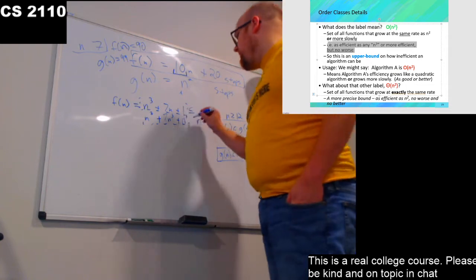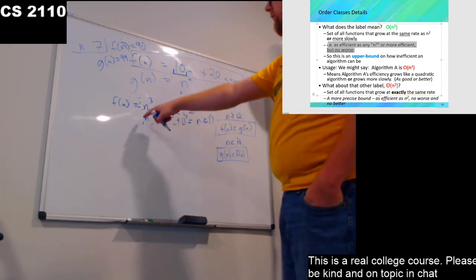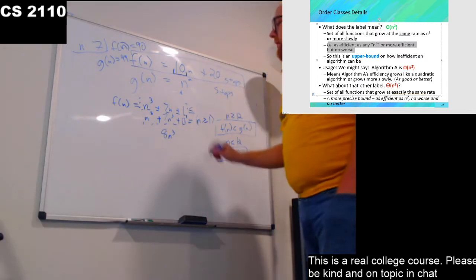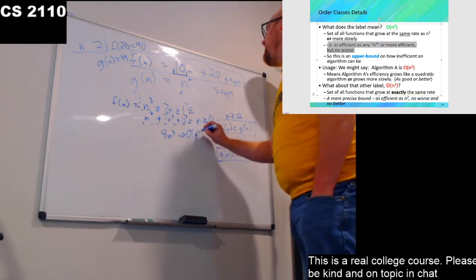I can now say that this is 1 plus 7 plus 1, so 9n cubed. And this is trivially O of n cubed.